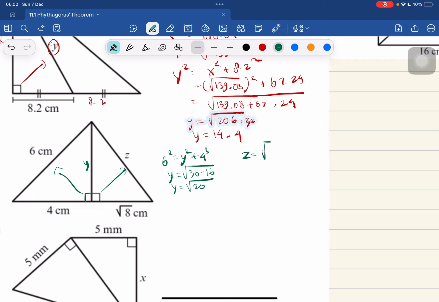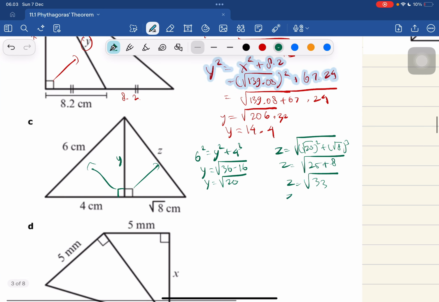So z equals the square root of 20 squared plus the square root of 8 squared, 25 plus 8, which is 33. So z equals the square root of 33, which is 5.294 centimeter. This is also centimeter.